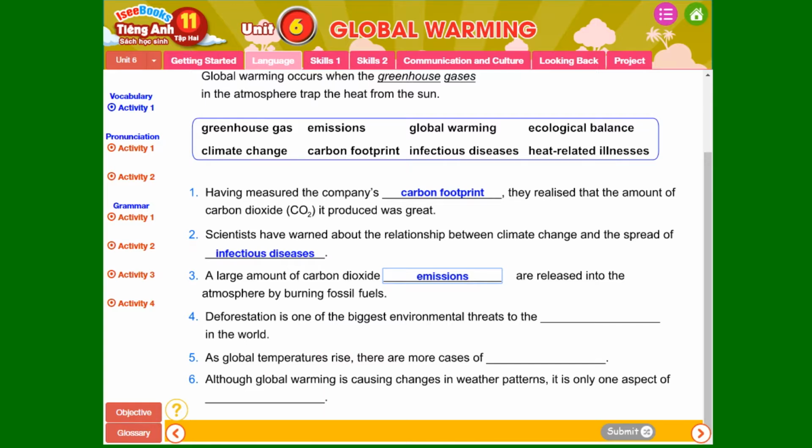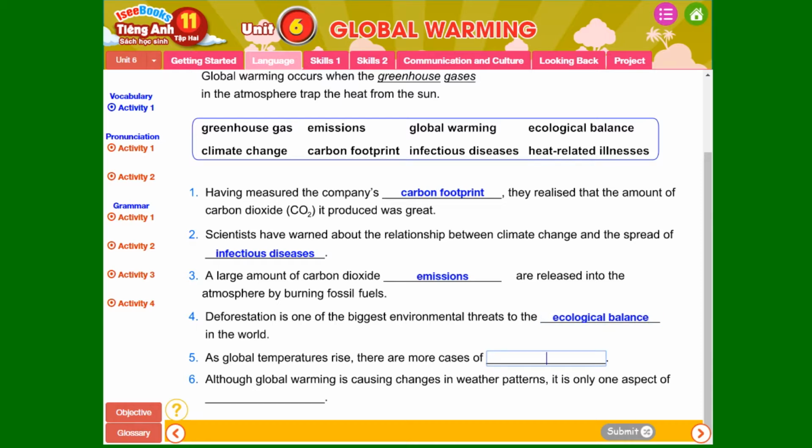Now, how about number 4? Deforestation is one of the biggest environmental threats in the world. So, number 4 is ecological balance. How about number 5?